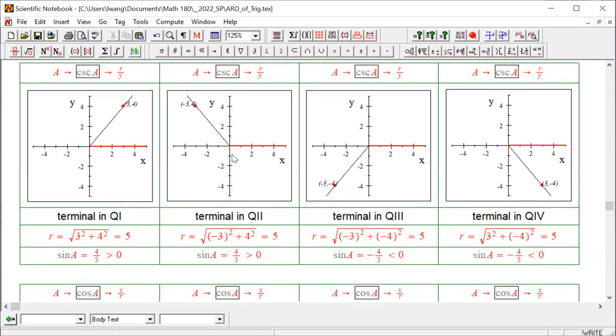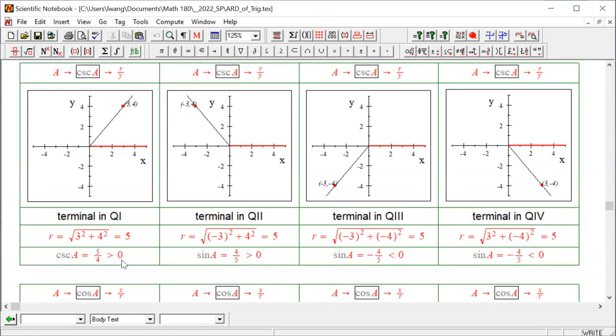We still use the same example and the same calculation for r. And now it's cosecant A. It's a reciprocal: y over r, now it's r over y. So 5 over 4.